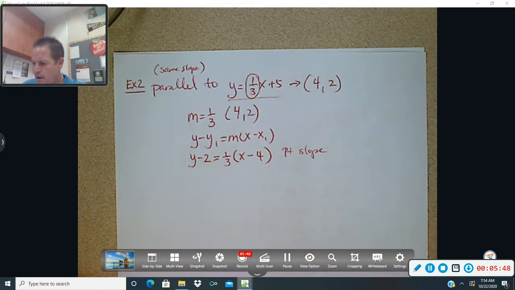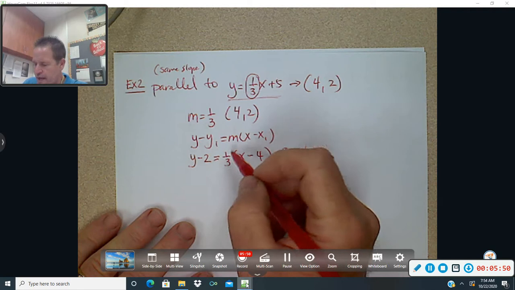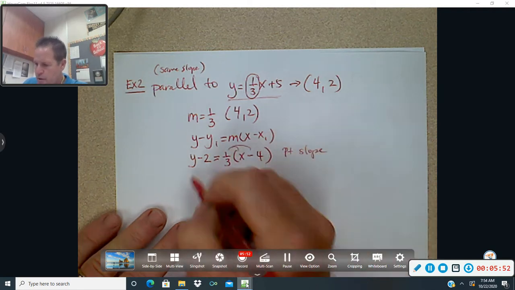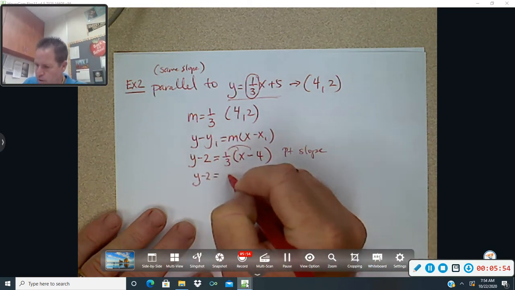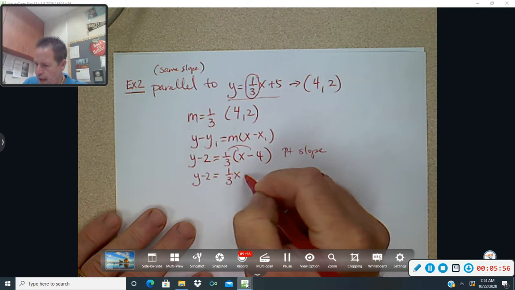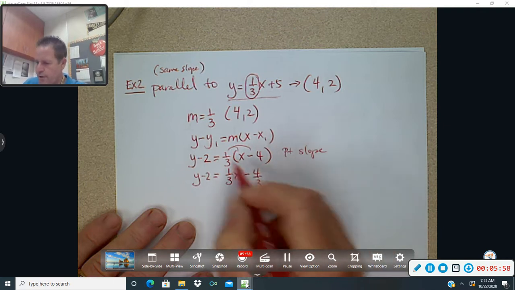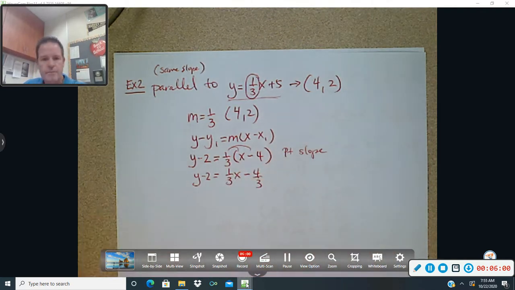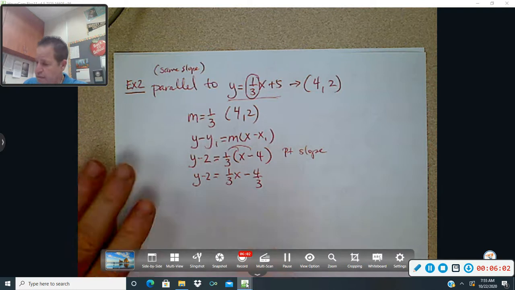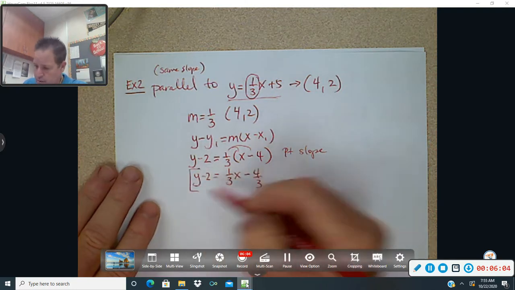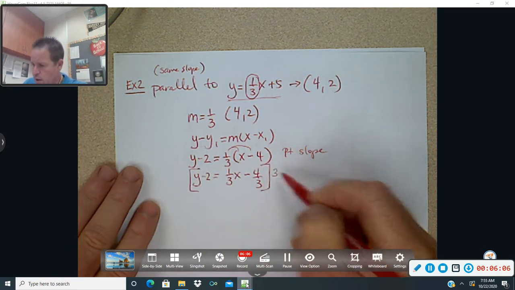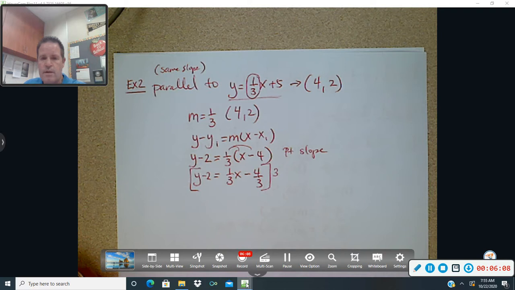Now we're going to want to get it in slope intercept by distributing. So you're going to have y minus 2 equals 1/3 x minus 4/3. You've got to distribute that. Again, I've been saying I don't like the fractions, so I box it here. You should box it as well. Multiply everything by 3.